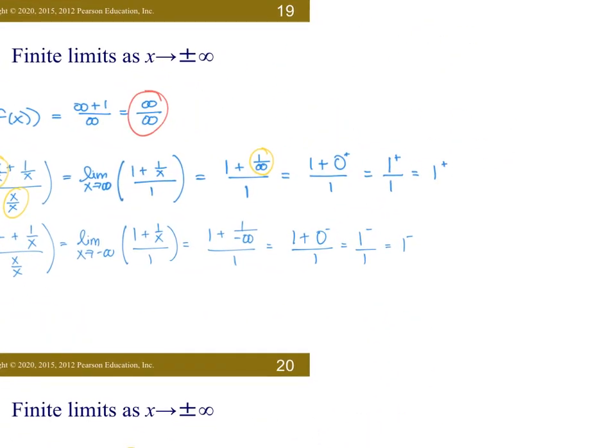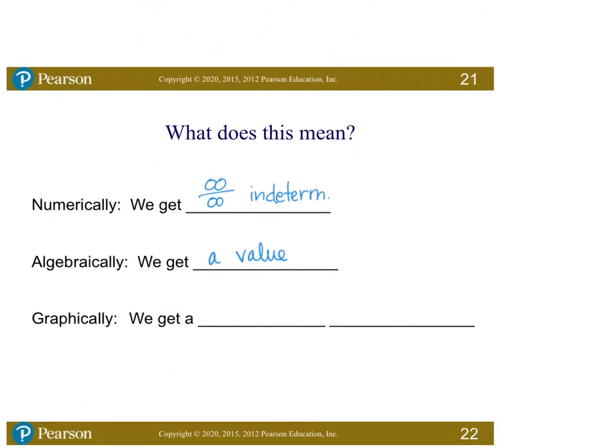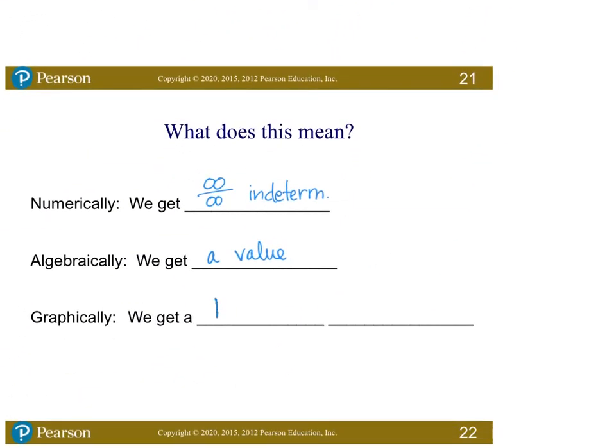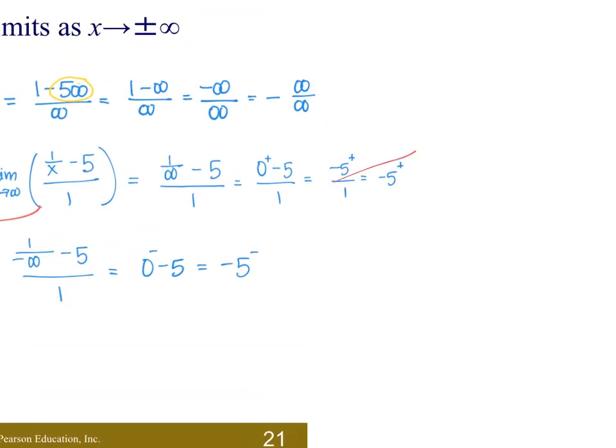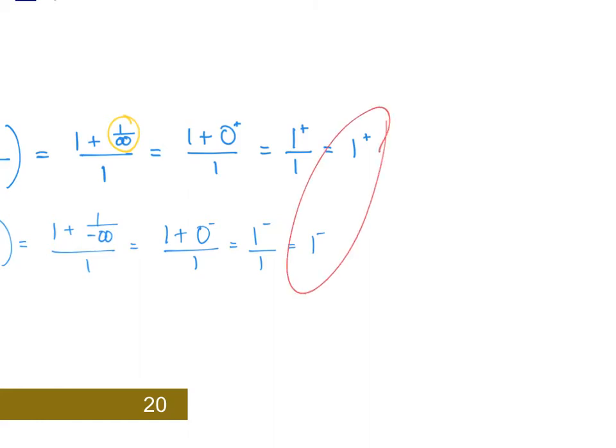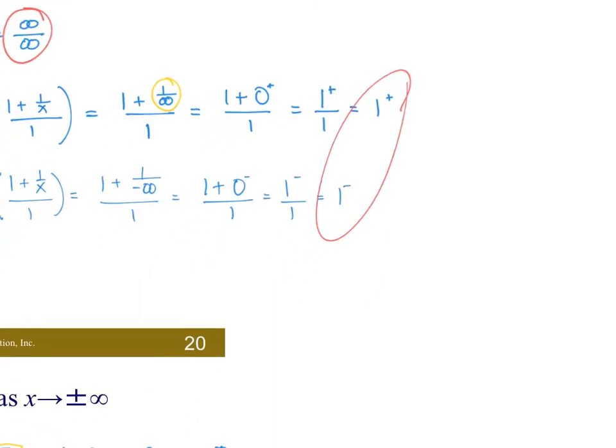We got positive 1 plus, positive 1 minus. We got a value. So graphically, that means this time we have a horizontal asymptote. Yesterday we had vertical asymptotes. Today we have horizontal asymptotes. So this problem has a horizontal asymptote at -5, and this one has a horizontal asymptote at +1.